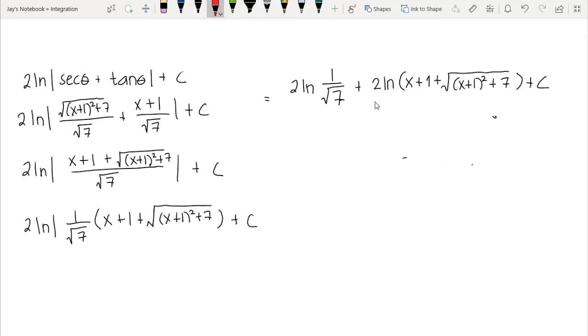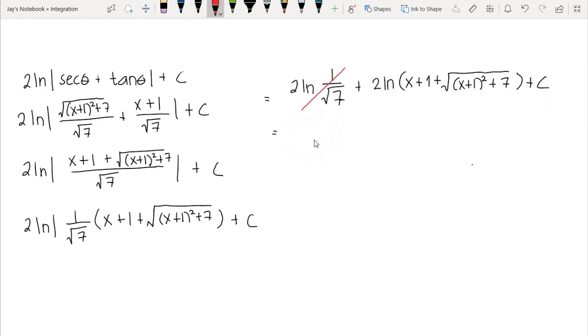Now take note, if we evaluate 2 the natural logarithm of 1 over square root of 7, the result would be constant. Okay, that's constant. However, take note, we have constant at the right side of the equation. So if we add 2 constants, the answer would still be a constant, correct? So we may not use a real number here, so we can set that as constant. Okay, so we have here the answer.